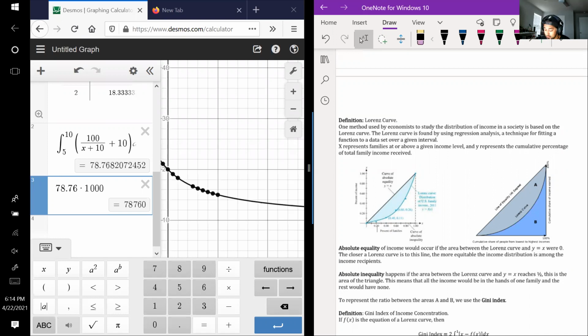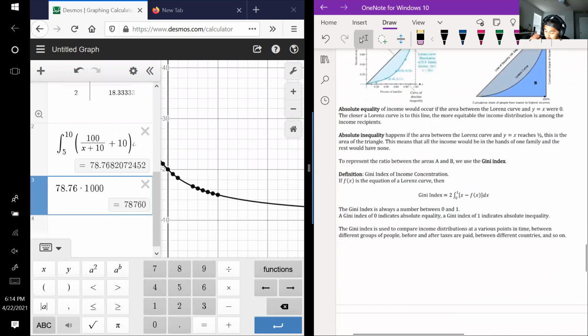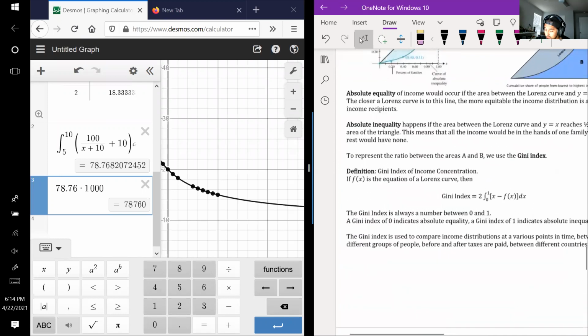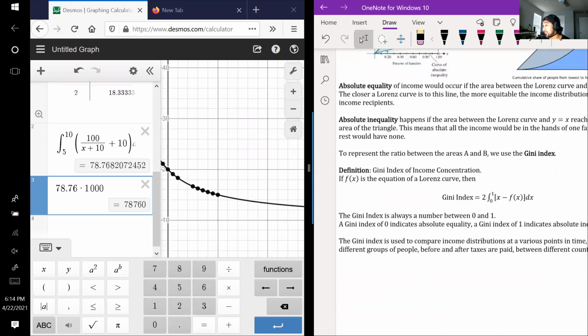Okay. So to represent the ratios between the areas, we use something called the Gini index. And this is given by the formula 2 times the integral from 0 to 1 of x minus f of x dx. So this is also finding the area between two curves, which is pretty cool. The Gini index is a number between 0 and 1.